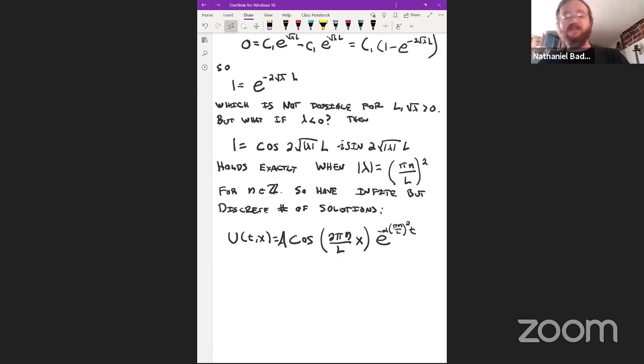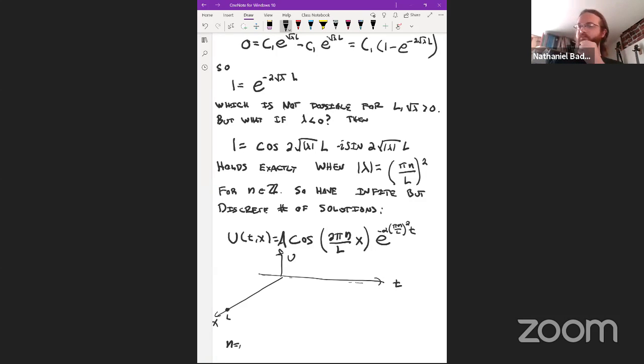So this is quite interesting. What we see here is that we have this whole family of solutions that look like, for n equals 0, for instance, if we look in the domain, if this is our u and this is our x and this is our t, what do these guys look like? The n equals 1 solution is roughly, if this is L and this is 0, going to do a full sort of cosine arc.